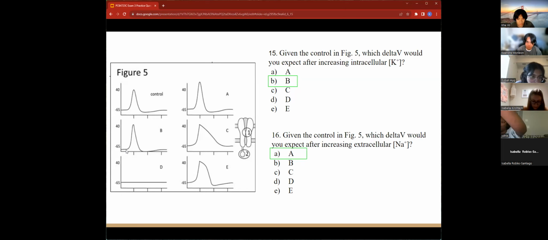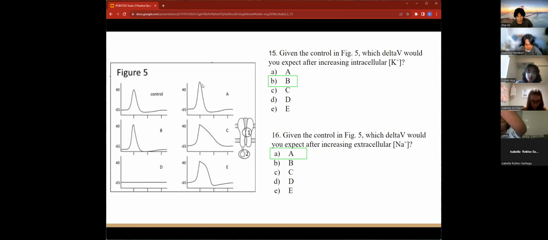16. 16 is A because when you look at the peak of graph A, it's way above 40. And that's because with the overshoot part, during the rising phase, the voltage gated sodium channels are open.